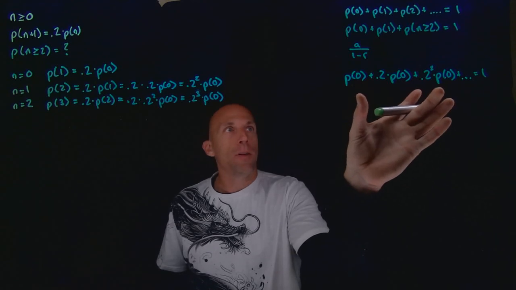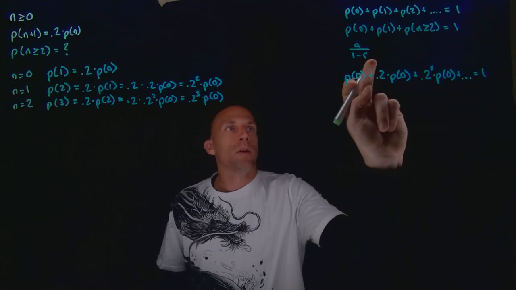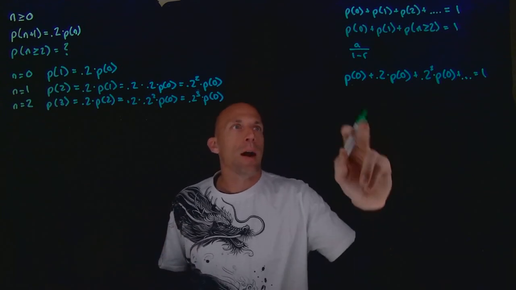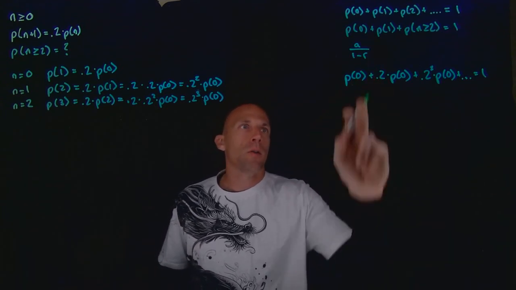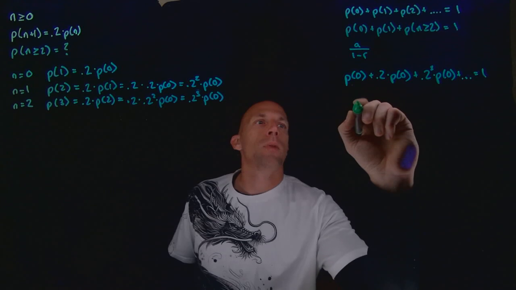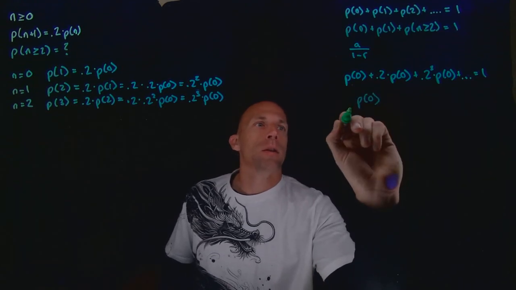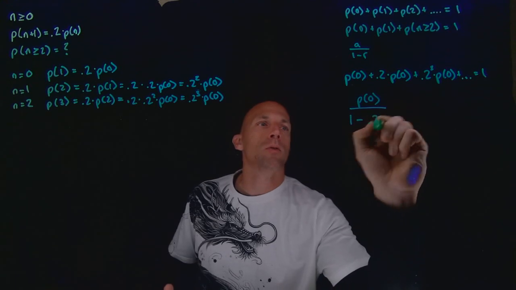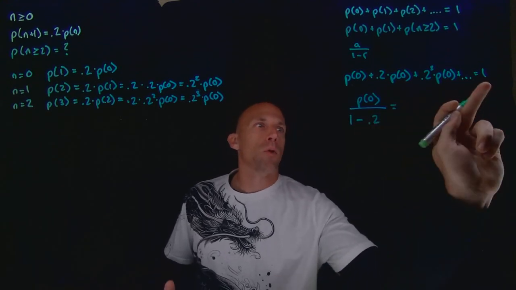So at this point, we can use our sum of the infinite geometric series: A over 1 minus r, the rate of change, so A being the first term, P of 0, divided by 1 minus our rate, which is 0.2, is going to be equal to 1.